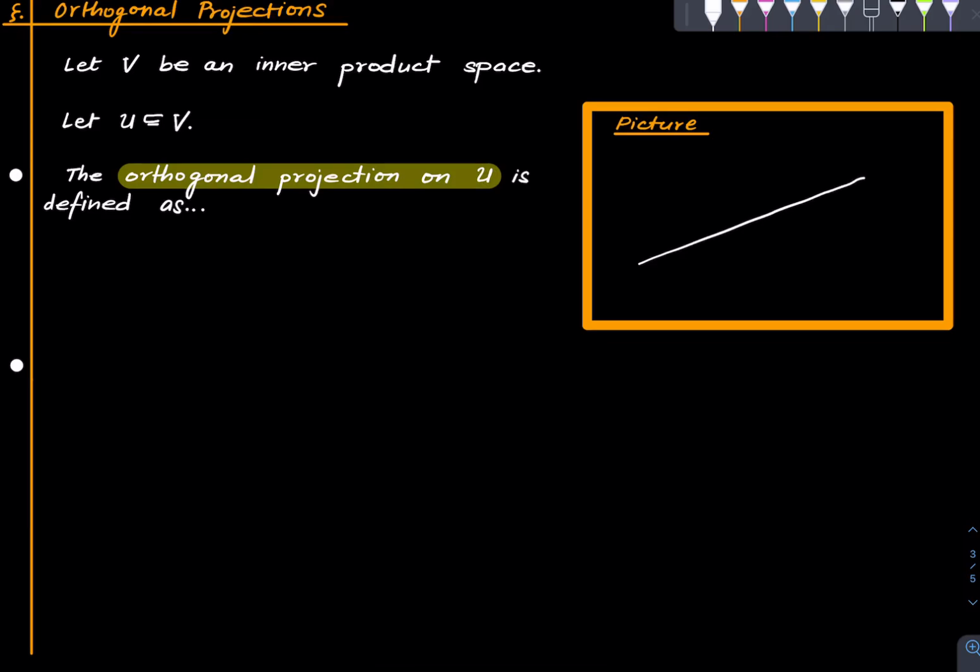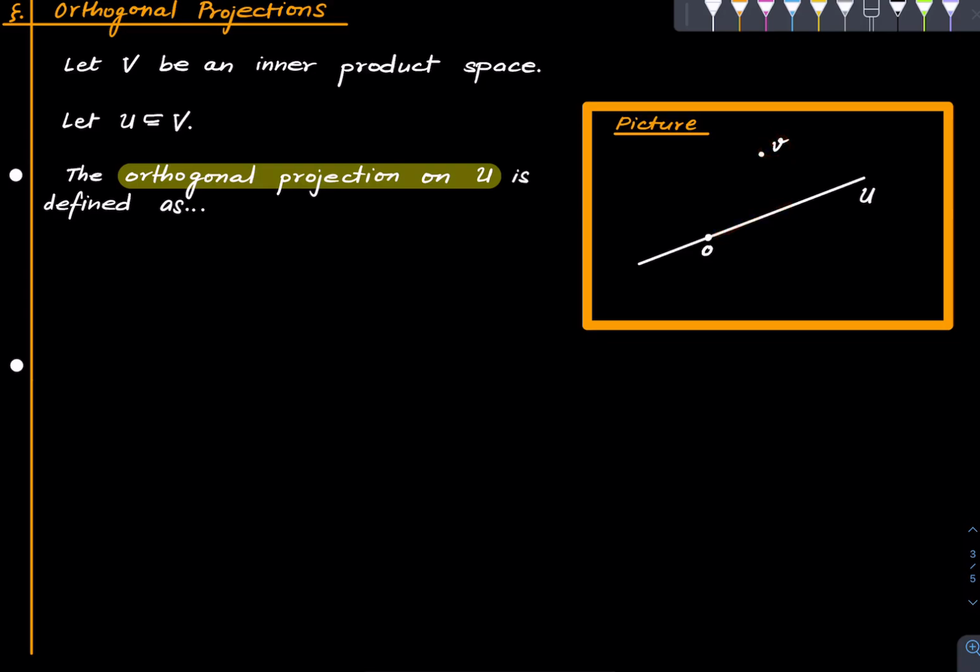So this is U. What you would like to do is, whenever you have a vector here, let's say this is the origin, just for reference, meaning the 0 vector. Whenever we have a vector V, we would like to drop the perpendicular on the subspace and record this component. Once again, we would like to drop the perpendicular and then record this component. That would be the orthogonal projection of V onto U.